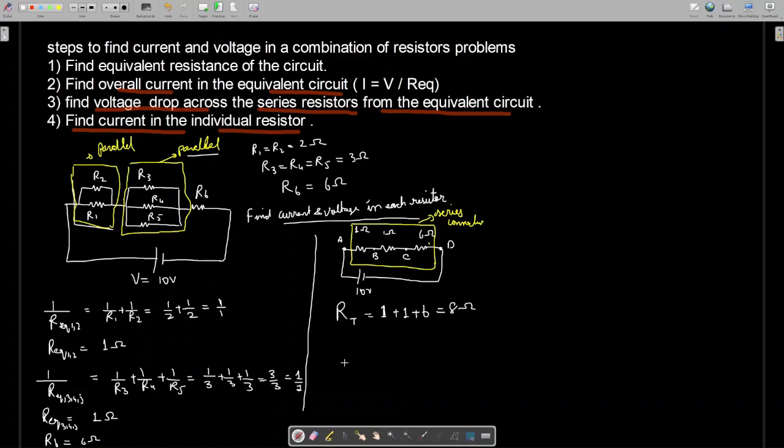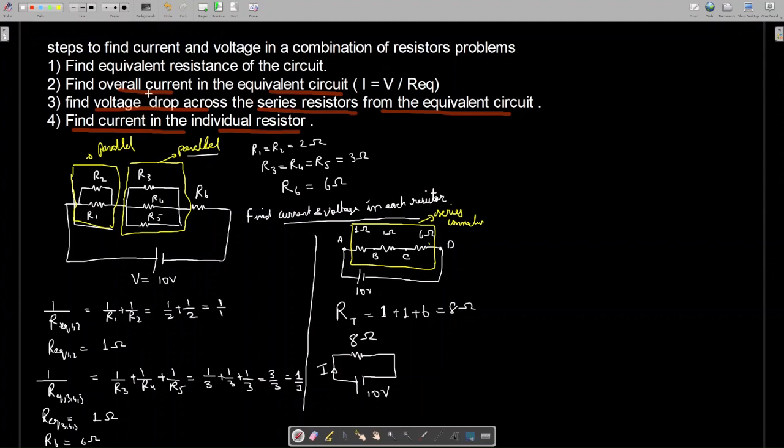So this will be reduced to 8 ohms. Voltage is 10. Now let I be the current flowing.